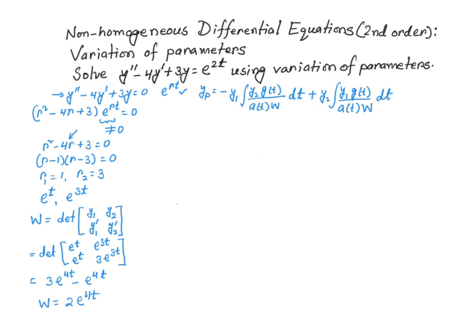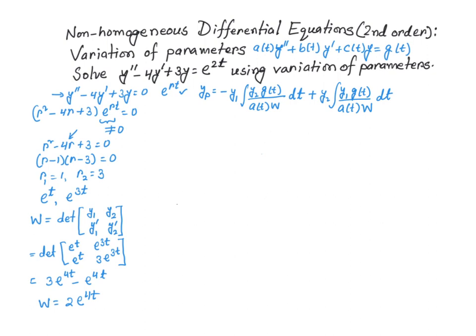Let me go ahead and break this down for you. I wrote down a bunch of symbols here, and let me explain what they mean. The general structure for a second order non-homogeneous differential equation is a of t times y double prime plus b of t times y prime plus c of t times y is equal to g of t, where a, b, and c and g are continuous functions on the interval under consideration.